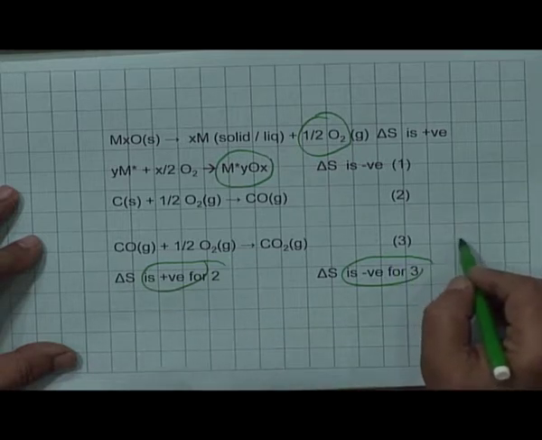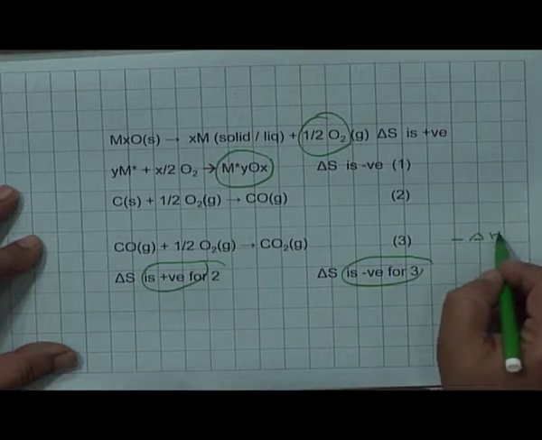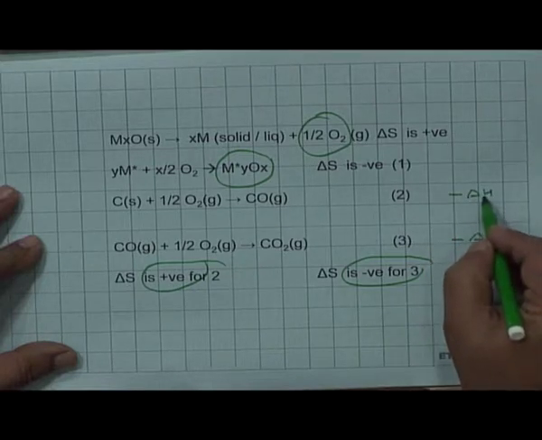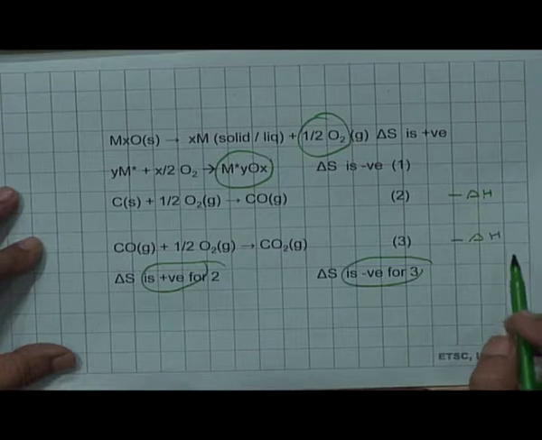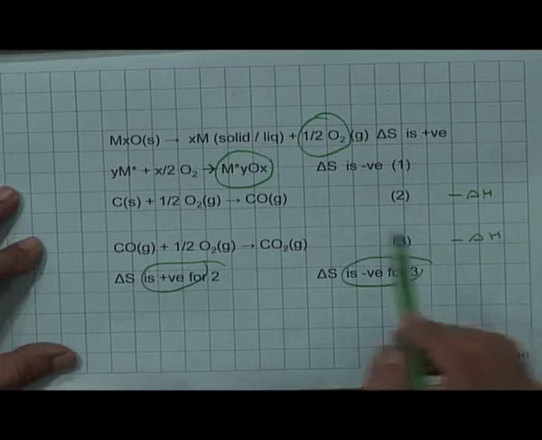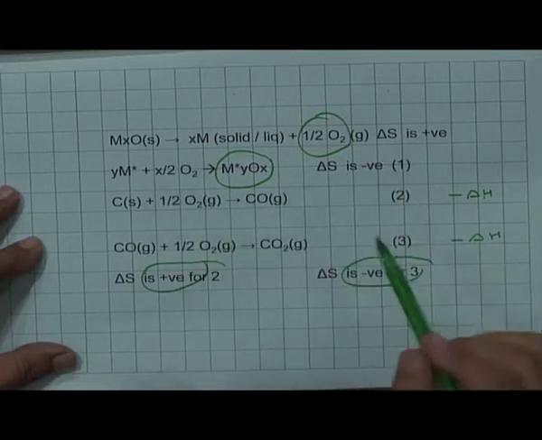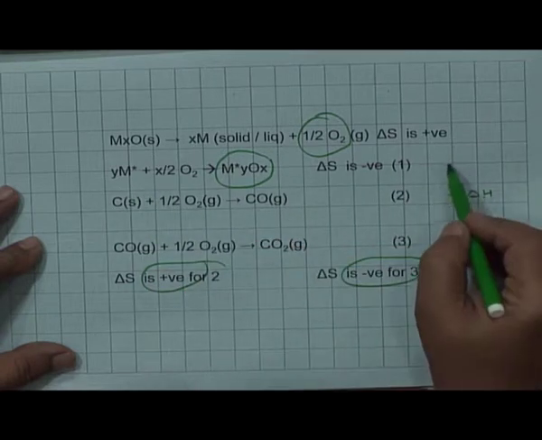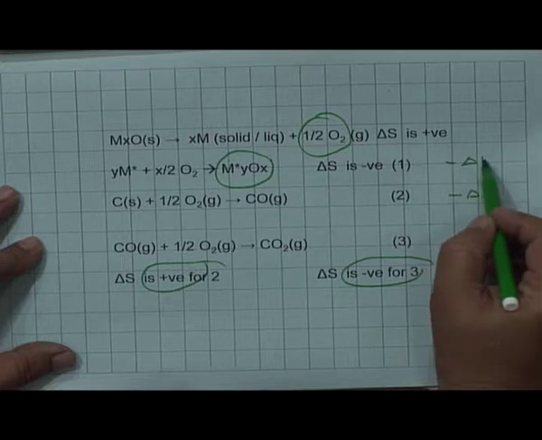Now, what happens? This is also an exothermic reaction, both are exothermic reactions. So, both have delta H negative. In this case delta S is negative, but this burning is also an exothermic reaction.